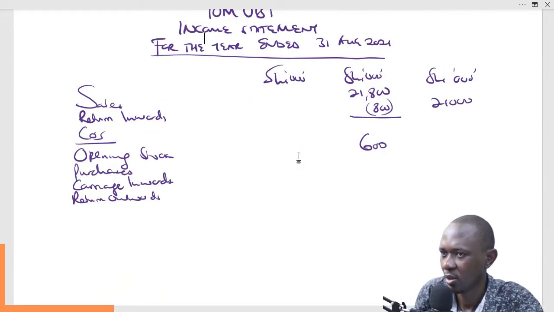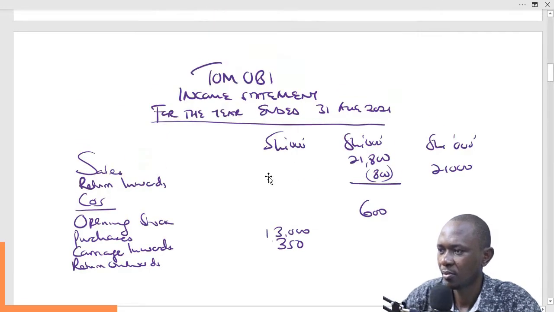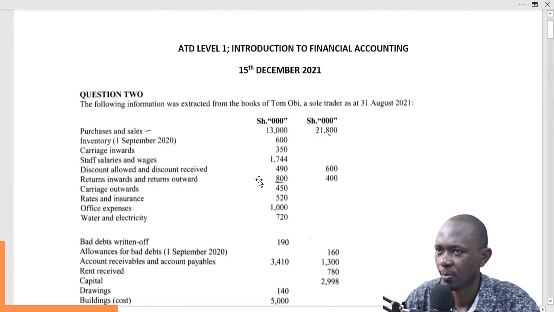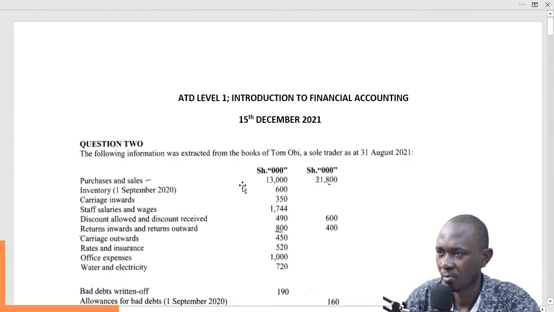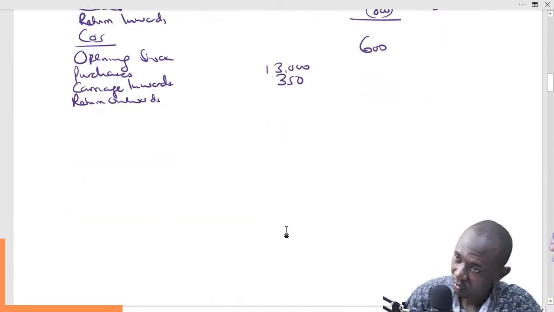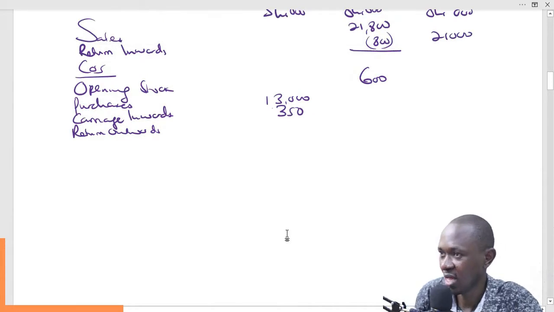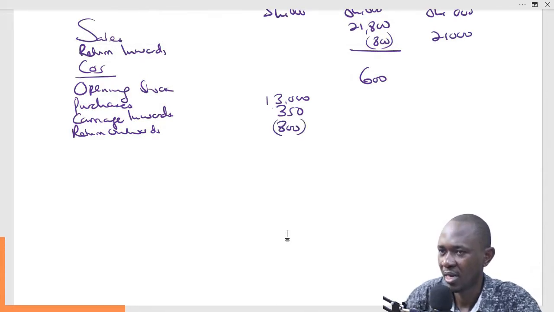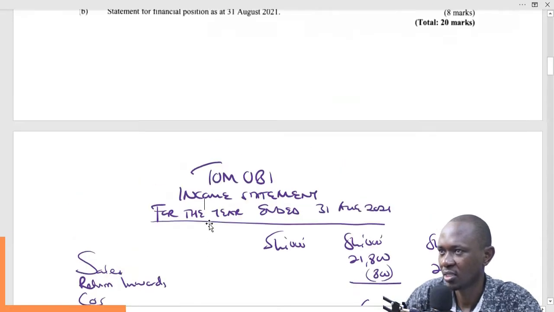Our purchases was 13,000. Since we have these figures with workings, we'll put them in the innermost column. Purchases 13,000, carriage inwards 350. Then we go for return outwards 800. Return outwards is the goods that we had purchased, but for one reason or the other, we are returning them back to the supplier. So we less to show that the goods have left the organization.